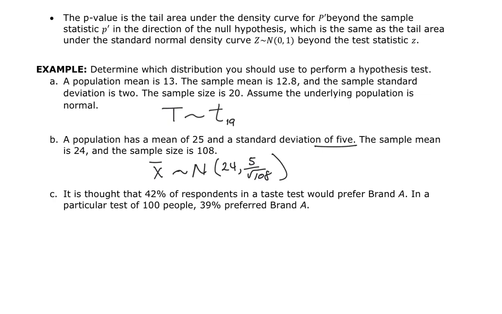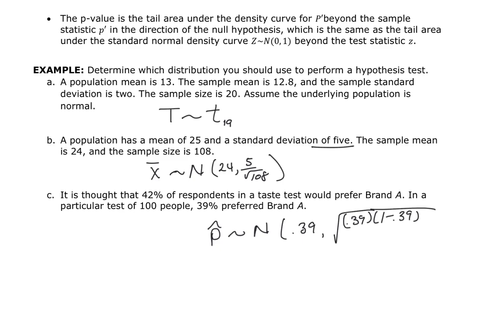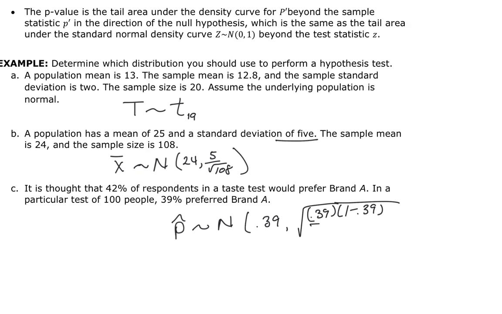So we're going to have p hat, or p prime, approximately normal with a mean of 0.39, that's the preferred brand, and standard deviation the square root of 0.39 times 1 minus 0.39, divided by n, which is 100 people. That's it for this video.